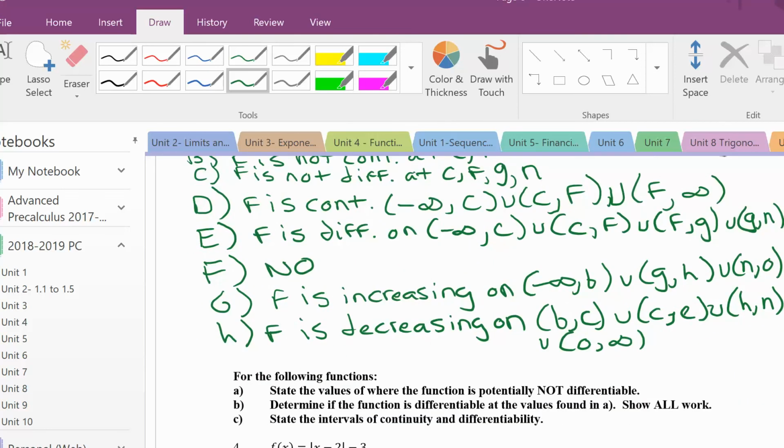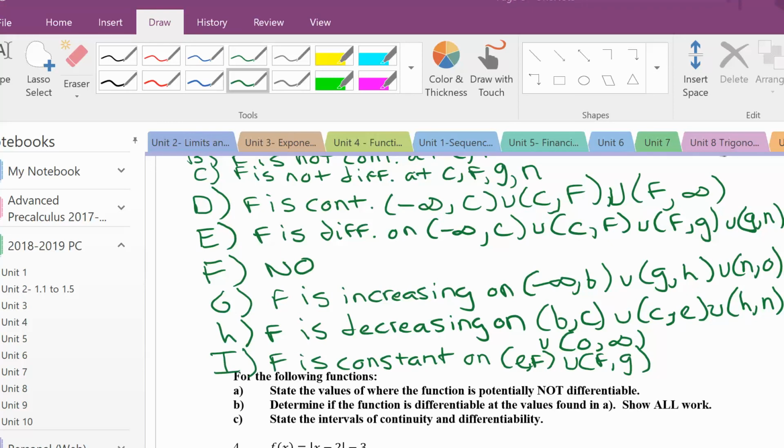And then finally, it wants to know where it's 0, where it's constant. And it's constant in 2 places, on the interval from E to F, and the interval from F to G. That's where it's constant.